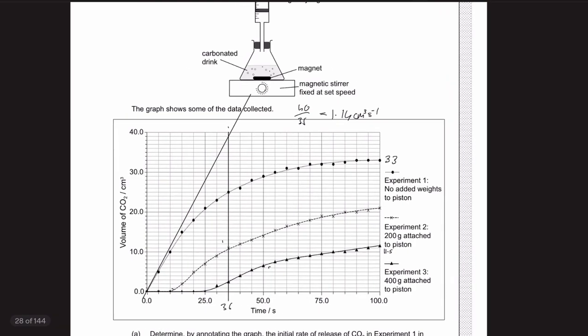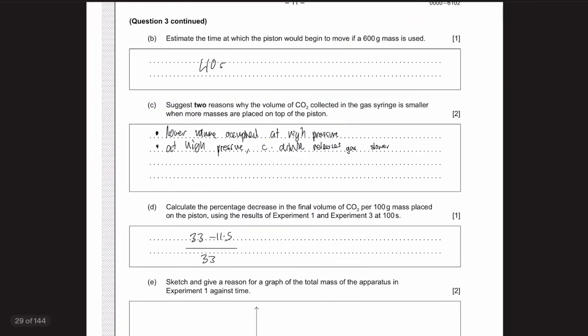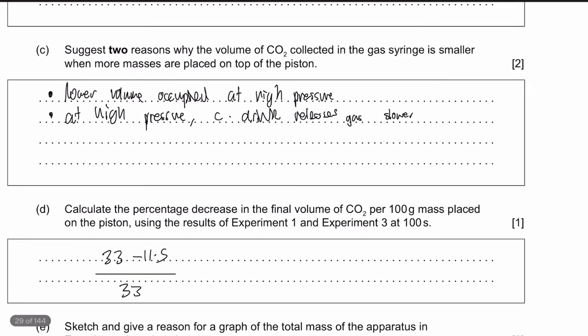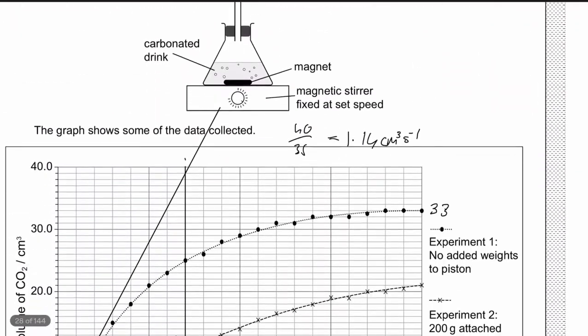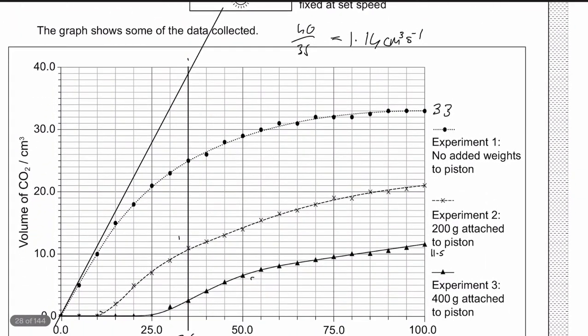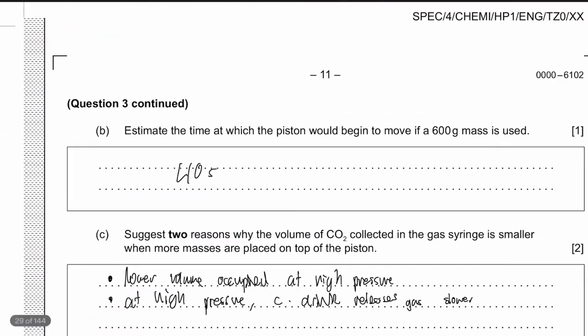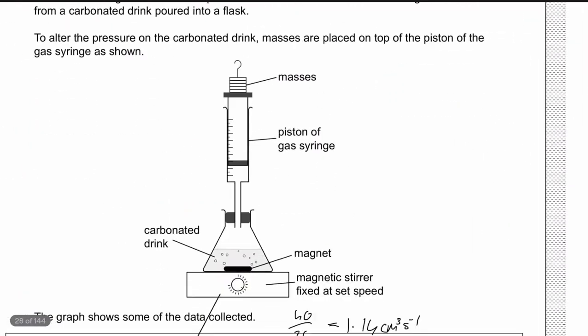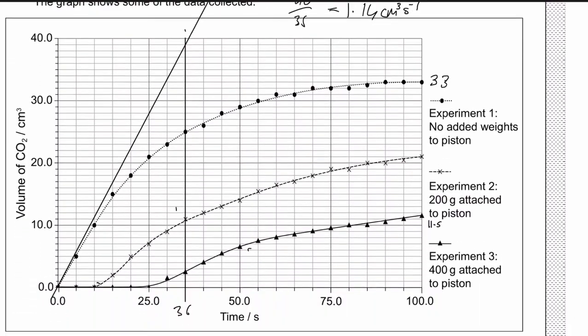Percentage decrease, yeah. So per 100 gram mass on the piston. Oh, it's per 100 gram. We have 4.